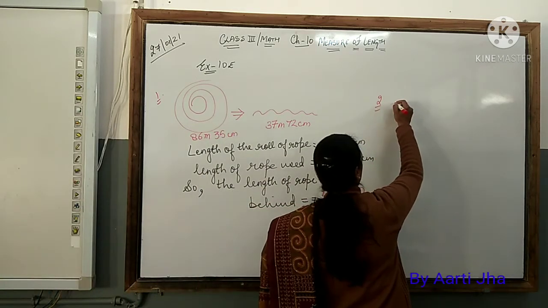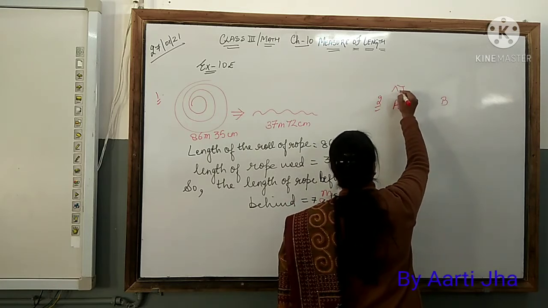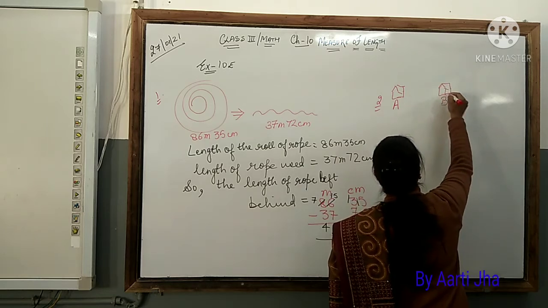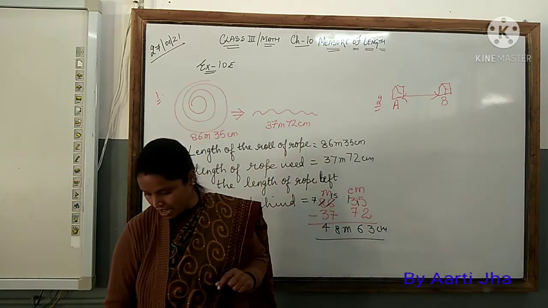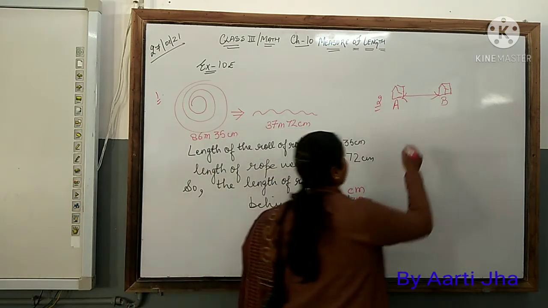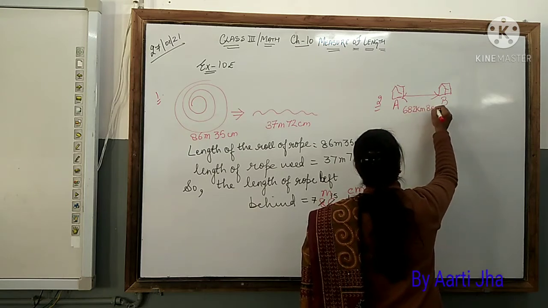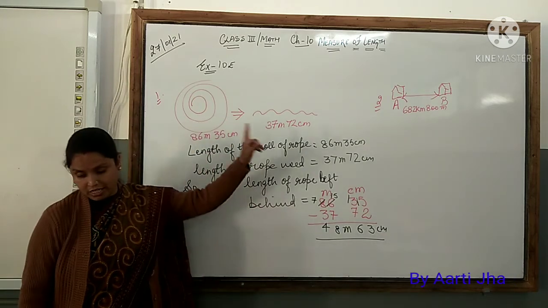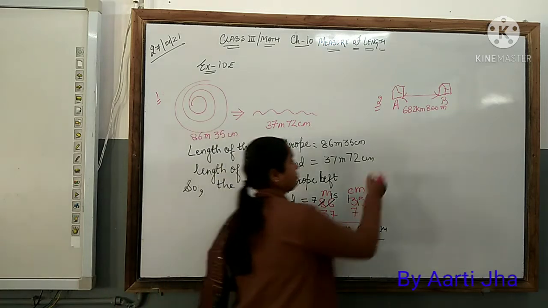Second question, town A is there and B. Let's take this as town A and town B. Distance between these two towns is given as 682 kilometer 800 meter. Okay. Now this distance is covered by a bus first.